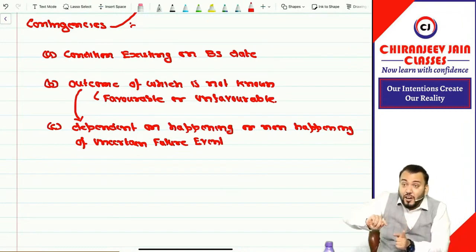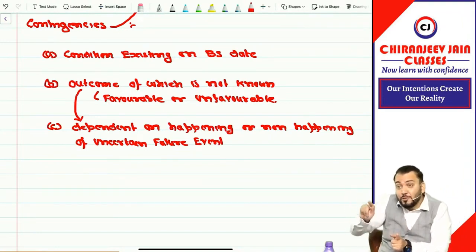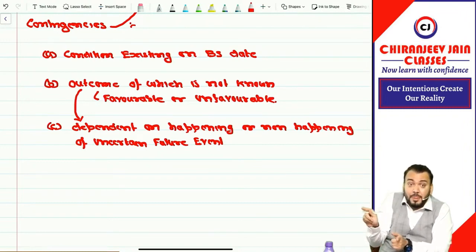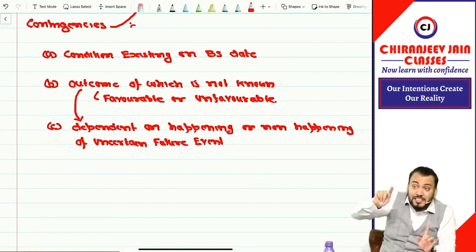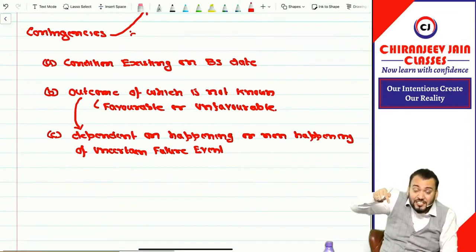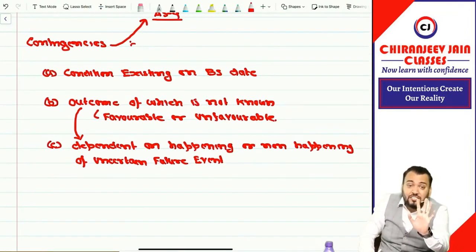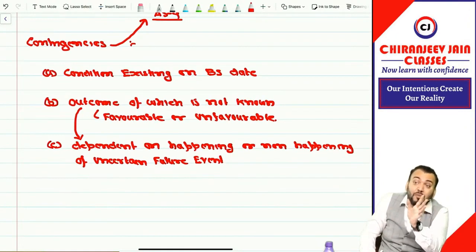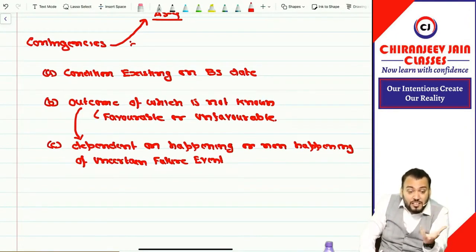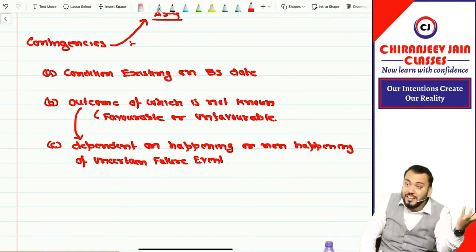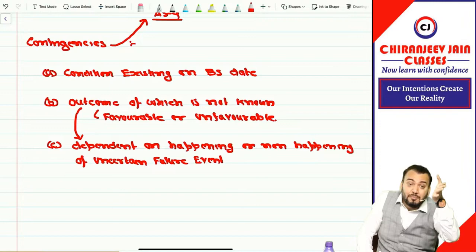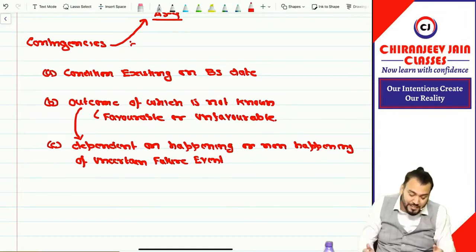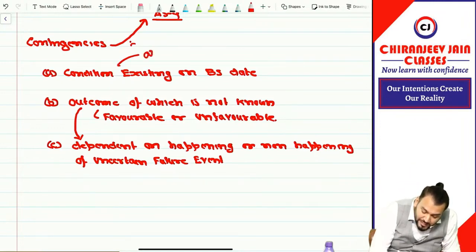Means it is dependent on an event which is a future event, and that future event is uncertain. But the condition is already existing on the balance sheet date. Means the condition is not future. If I am saying it is already existing on the balance sheet date, it means it is already arising from which event? A past event. So the condition is already existing due to which event? A past event. Means the event already occurred, and because of that event some condition is already existing on the balance sheet date. Means this condition is arising from what?